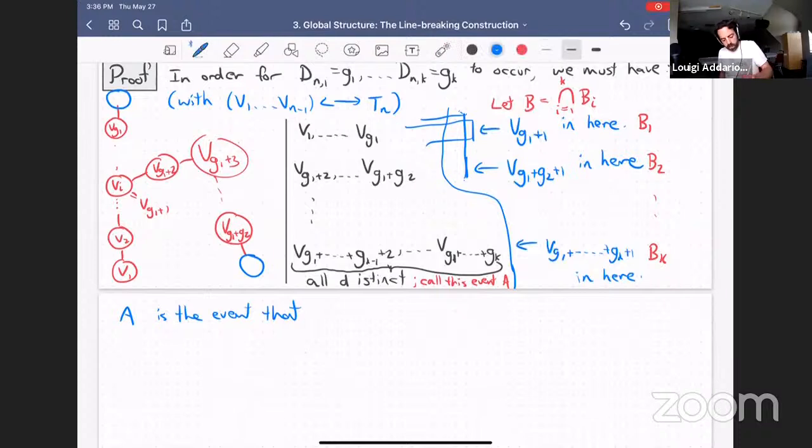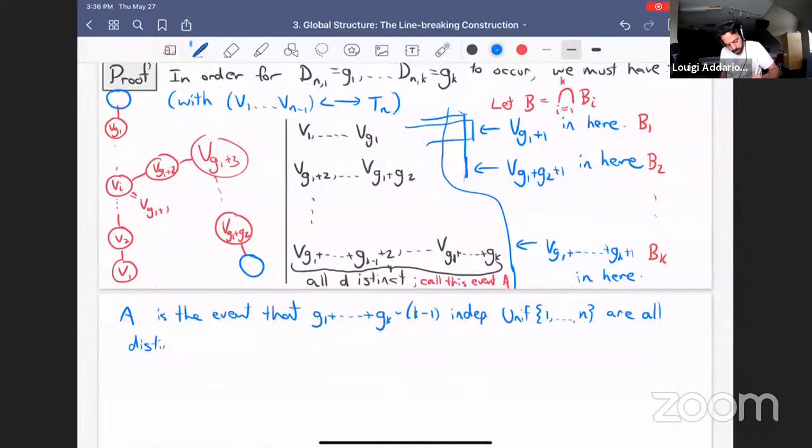Okay, so that means this is just the event that g1 up to gk minus (k minus 1), so independent uniform random variables on the set 1 up to N, are all distinct, right? So that has probability, just using the same sort of Bayes formula product of conditional probability calculation that we did before.